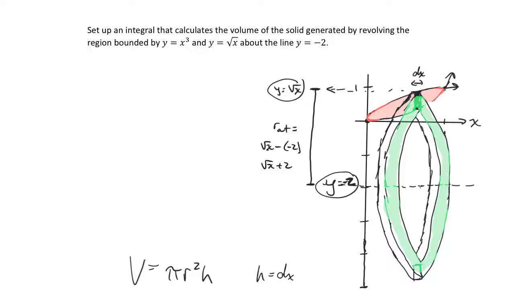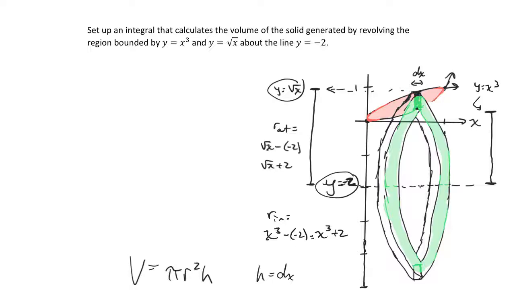On the other hand, the inner radius is the distance from the axis of revolution up to the bottom curve. And our bottom curve was y equals x cubed. So the inner radius is x cubed minus -2, or x cubed plus 2.